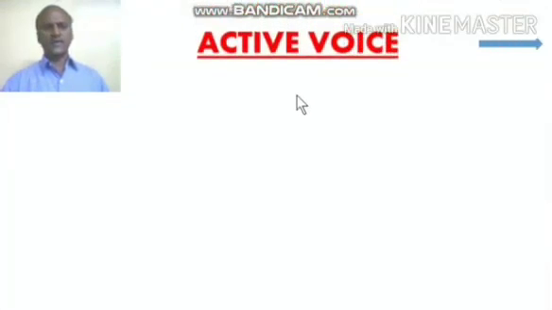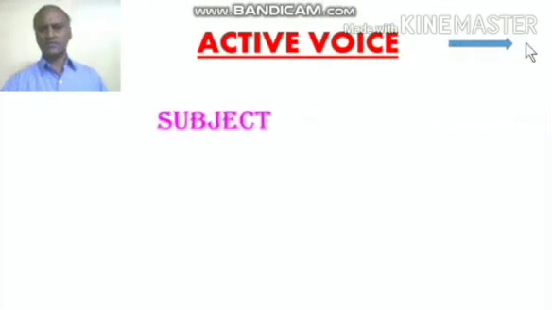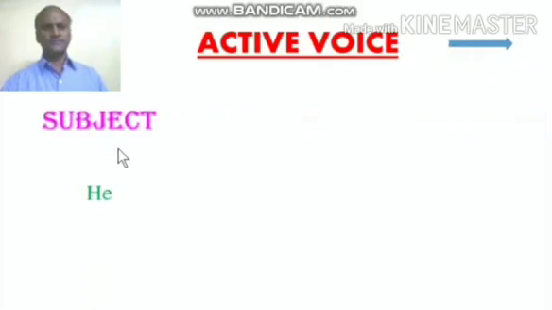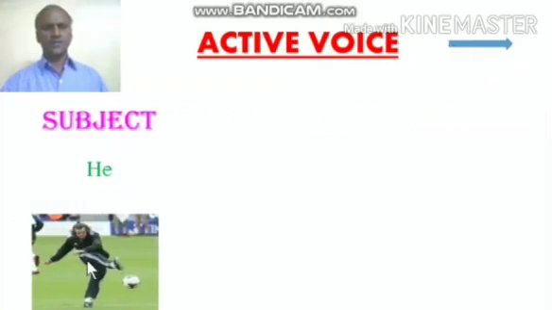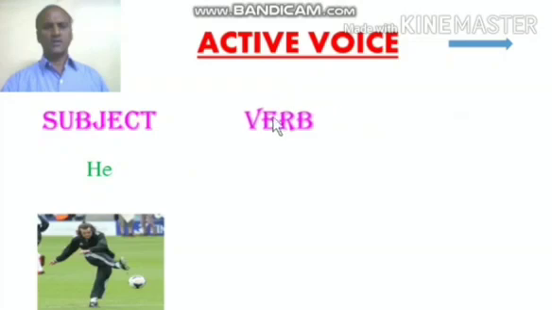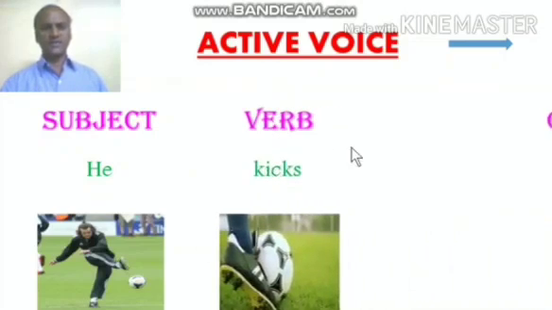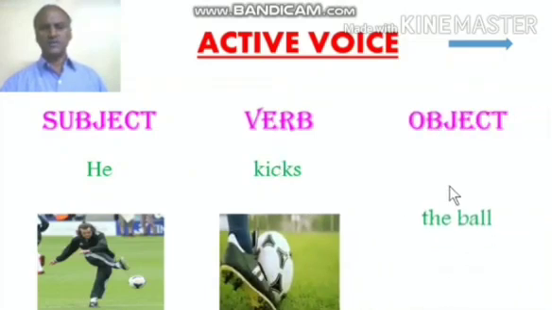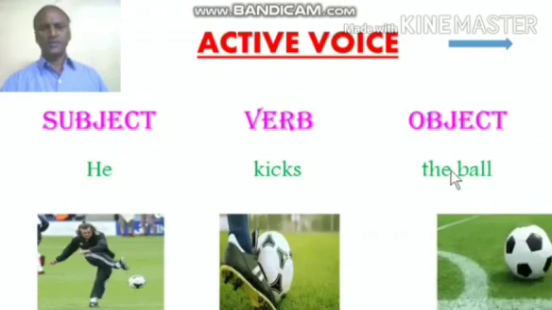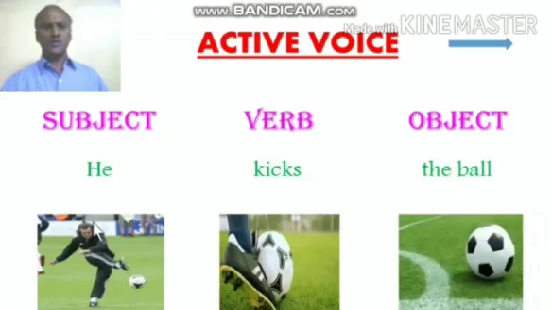Another way of understanding active voice. Active means doing something. Here, subject, he. Now, what does he do? The verb is there. Kicks. The action done by him is kicking. Object, the ball. So, he kicks the ball.